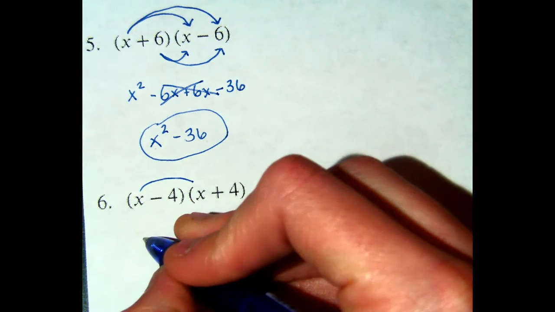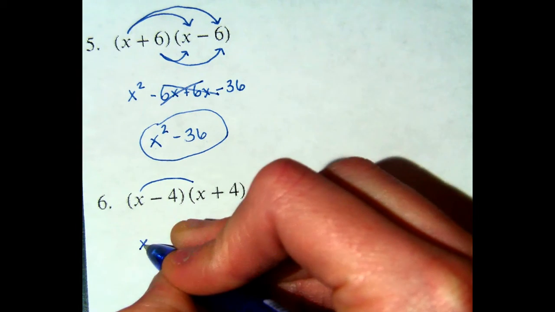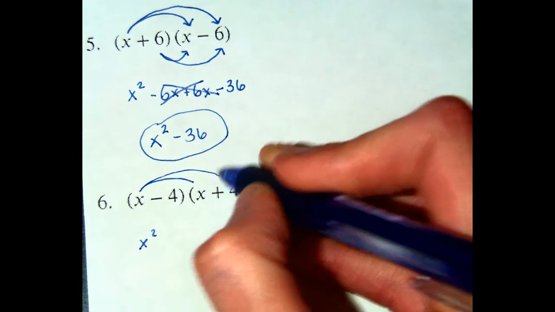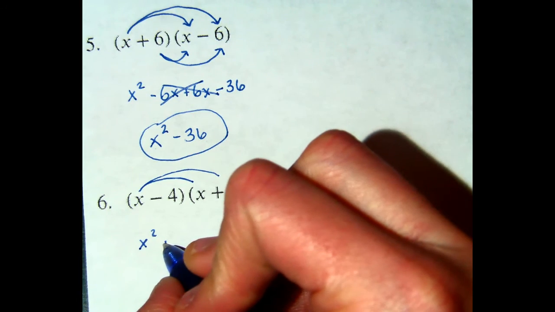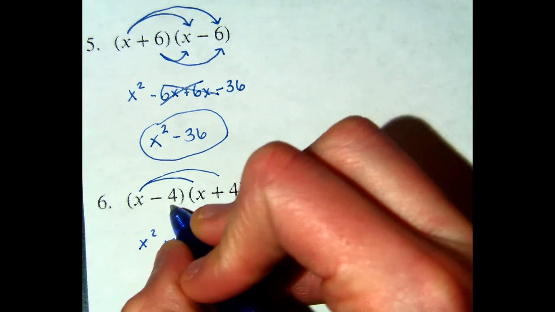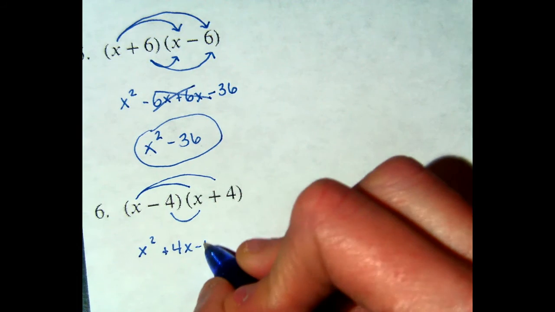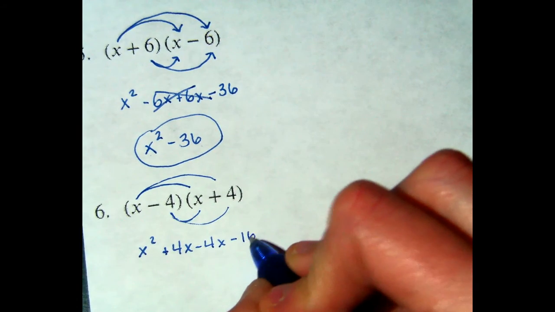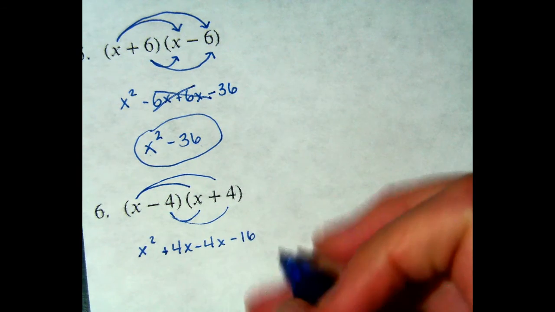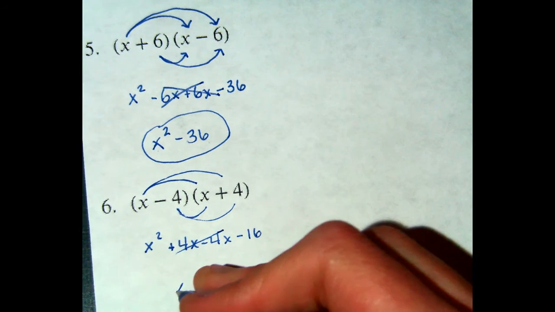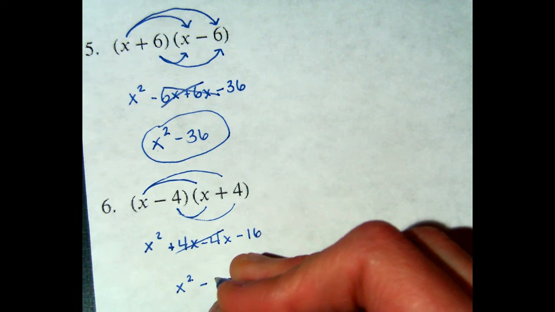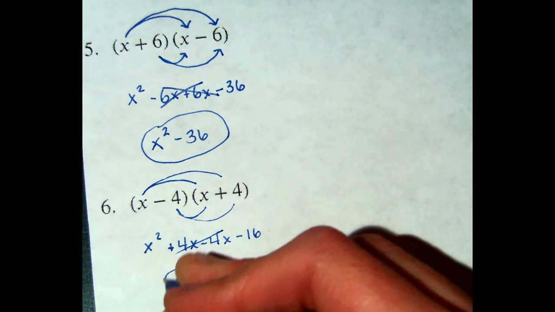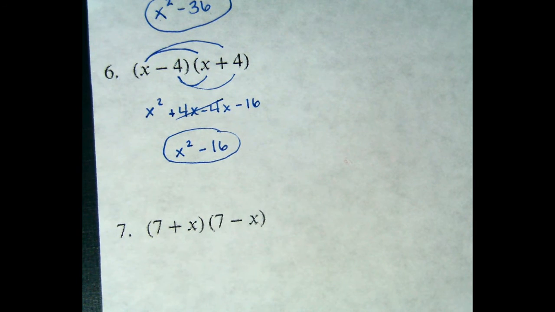X times x is x times 4. Negative 4 times x. And negative 4 times 4. What happens to my like terms? So I get x squared minus that's what I need to know.